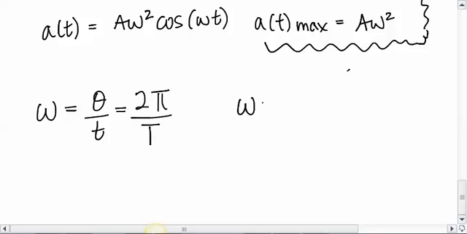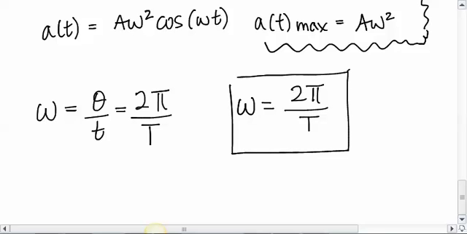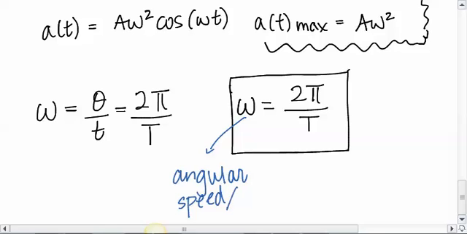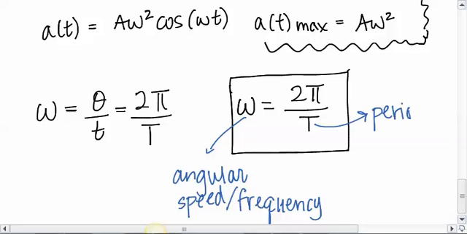So omega, the angular speed, is equal to 2 pi over period. Okay, so omega stands for the angular speed, or more often when we're talking about oscillations, we'll use the phrase angular frequency. And this T stands for the period, and it's measured in seconds.